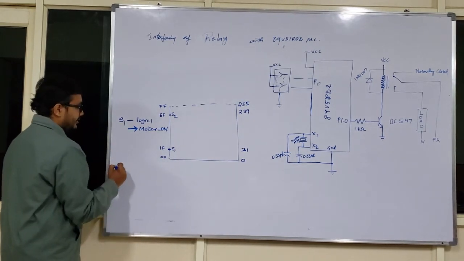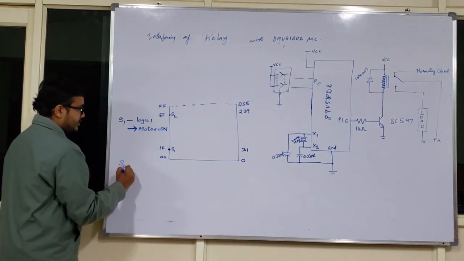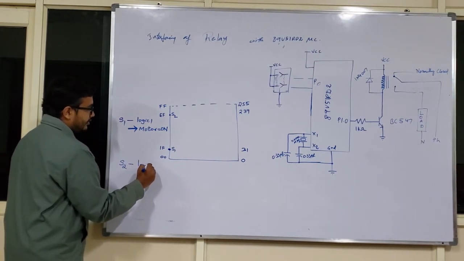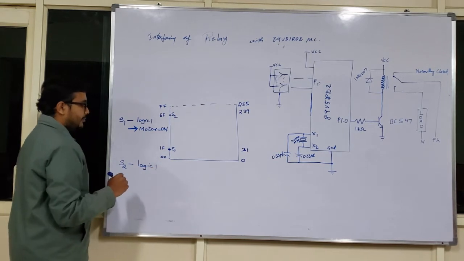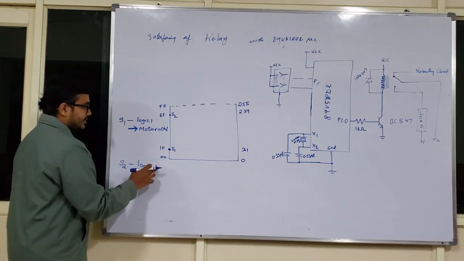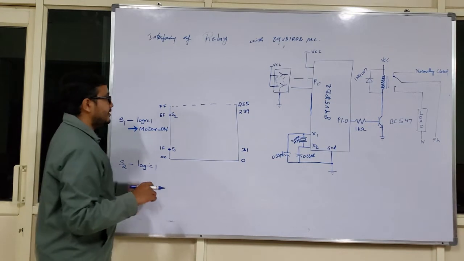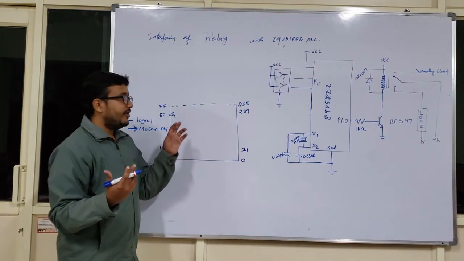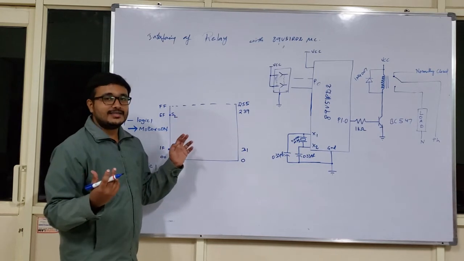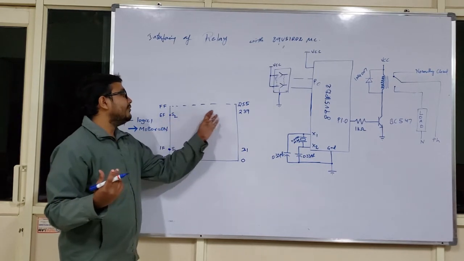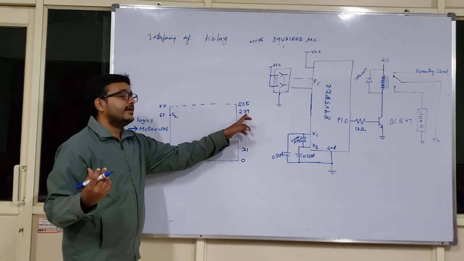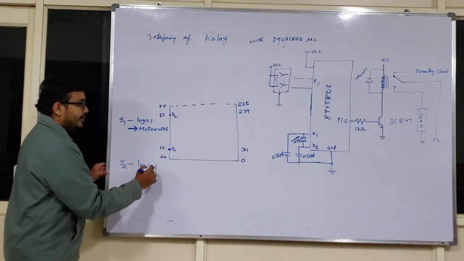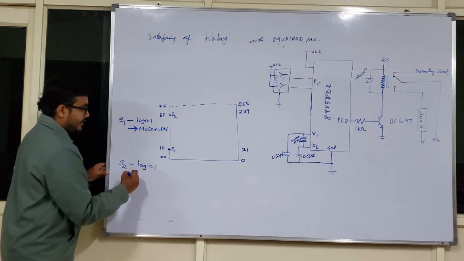Coming to the next condition, the S2 sensor. Whenever S2 is giving logic 1, that means its purpose is to sense the wetness. Whenever it is sensing the wetness, in the sense the water level is present at the 239 location, the S2 sensor will become on, that is logic 1.